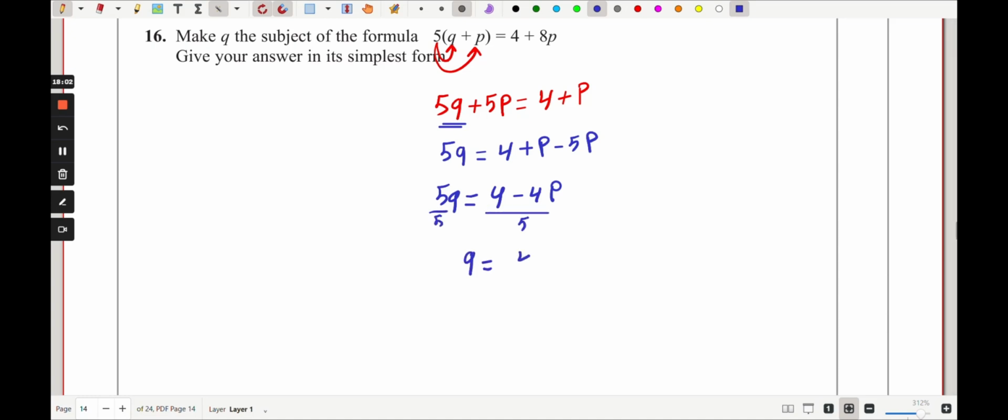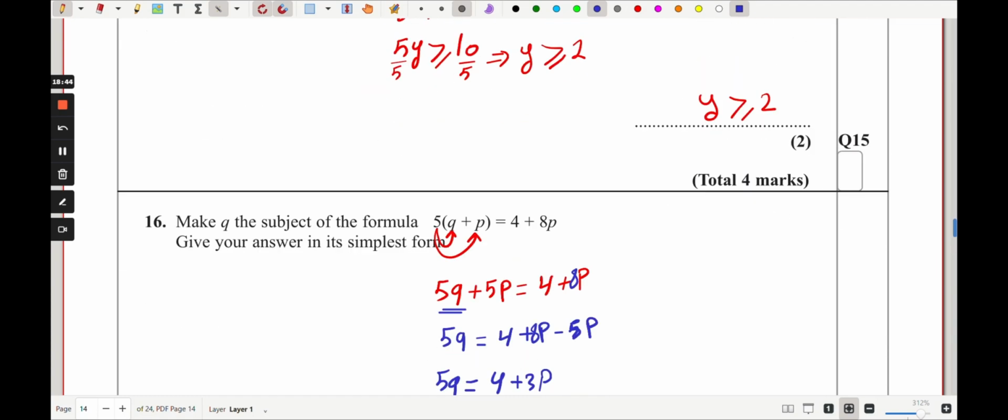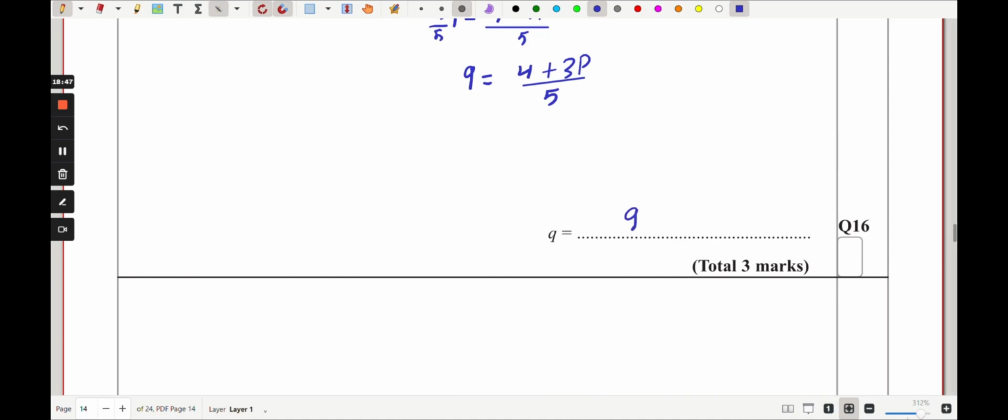We'll get q equal 4 plus 3p divided by 5.